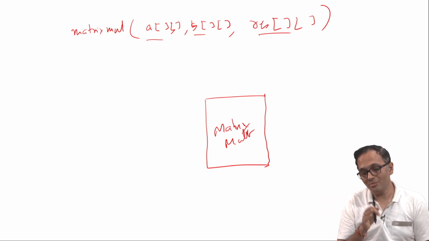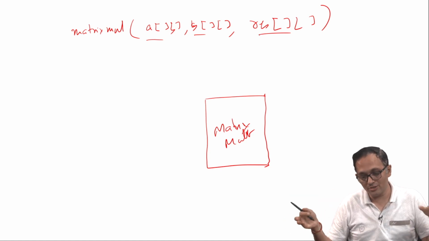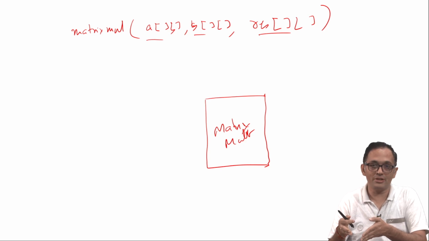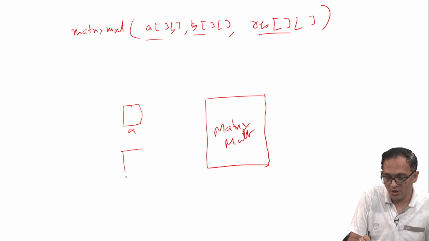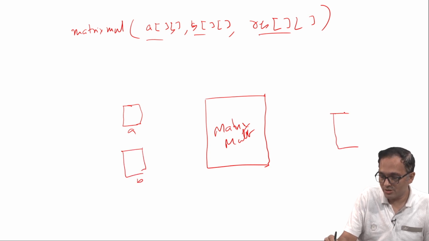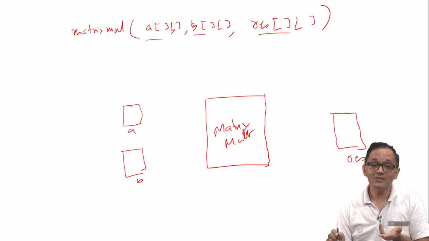So, that means this A, B and result are somewhere else, not in the Verilog that you have generated. So, it will assume that there is some memory outside whose name is A, there is one memory whose name is B, and there is one memory whose name is result. But how do you access memory?